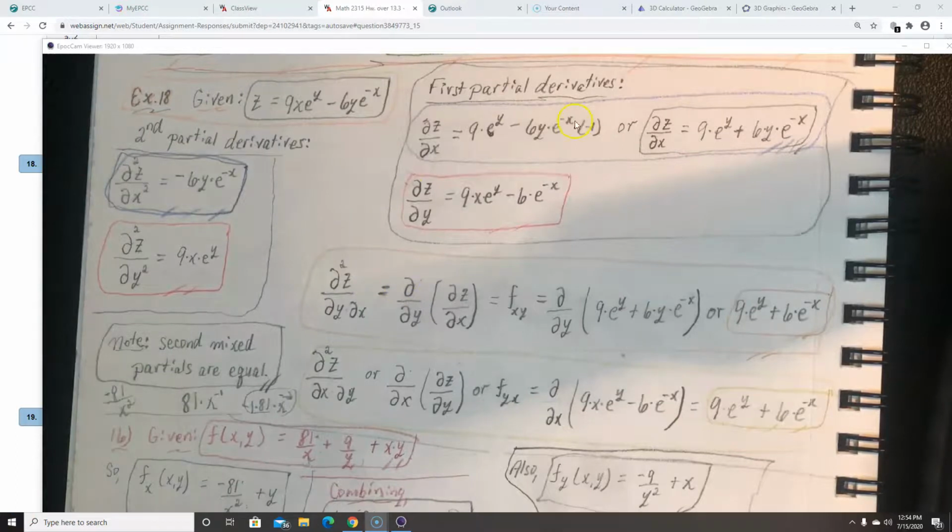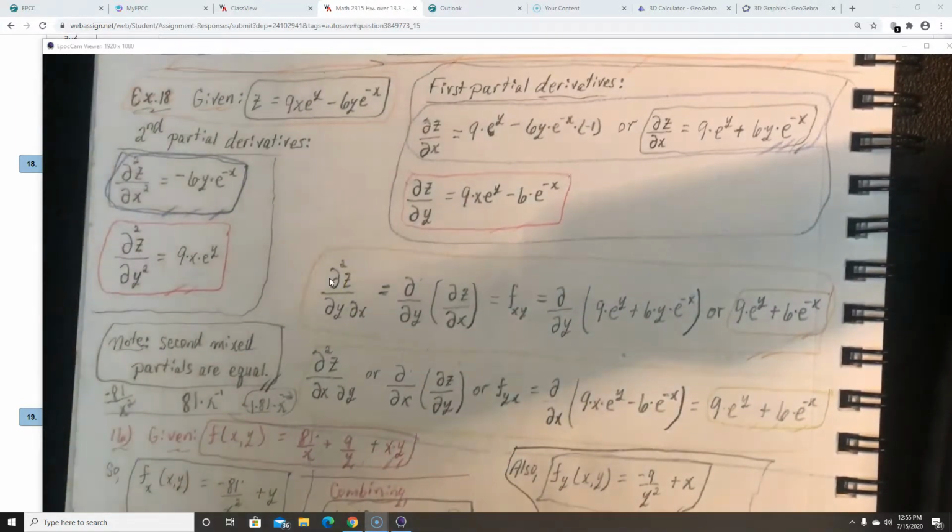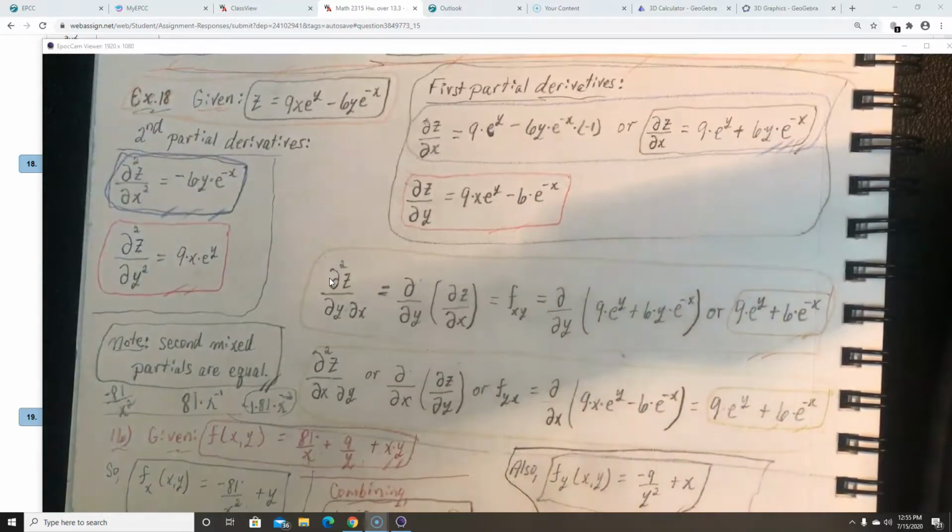Now, nothing new so far with number 18. Well, this part is new, not terribly difficult or anything, but just like we have higher order derivatives with single variable functions, like f prime of x, then f double prime of x is the second derivative, and f triple prime or the third derivative and so forth, we can have higher order partial derivatives as well.